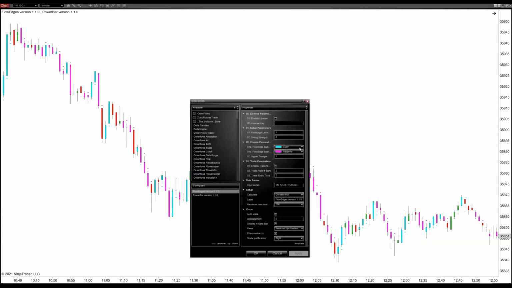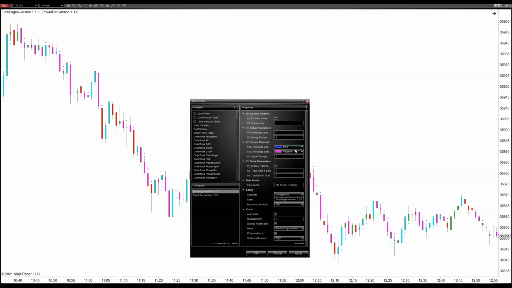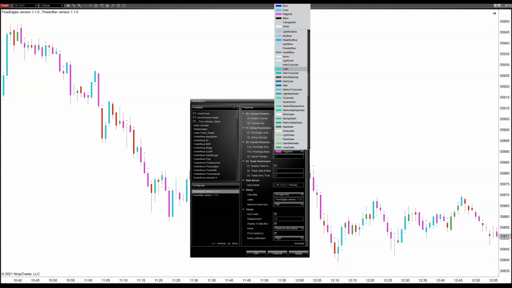Change the colors back to what did I have here? Blue. Hey, where's blue? Blue and red. Red's down at the bottom. They're not red. What color can I use?